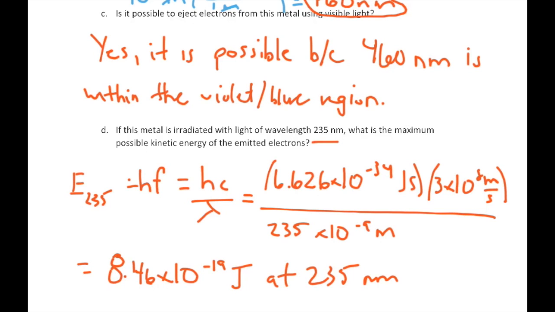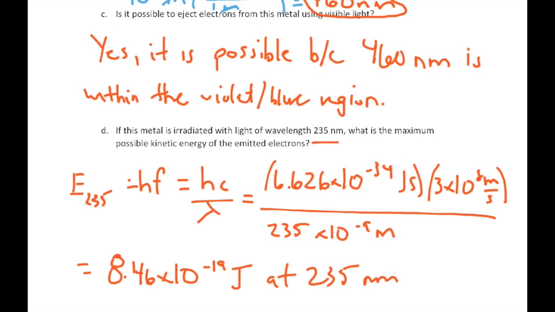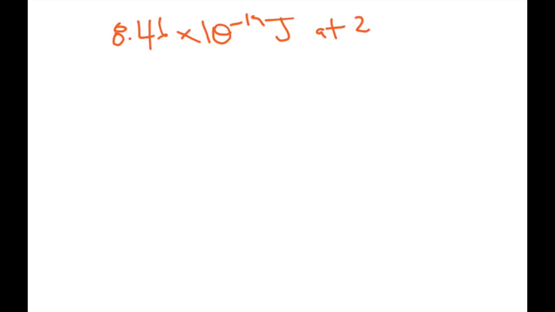So I'm going to a new page here. Okay, again we had 8.46 times 10 to the negative 19th joules at that 235 nanometers.